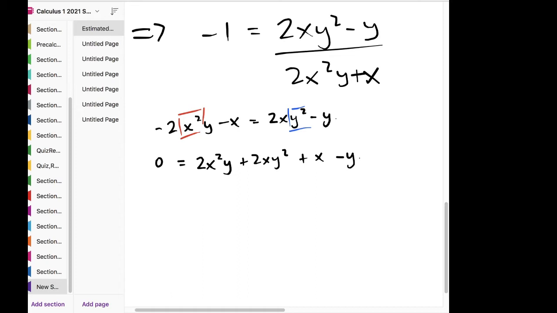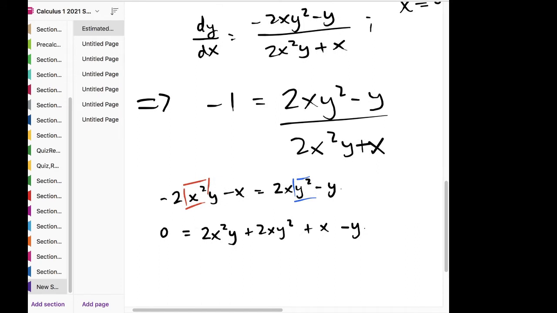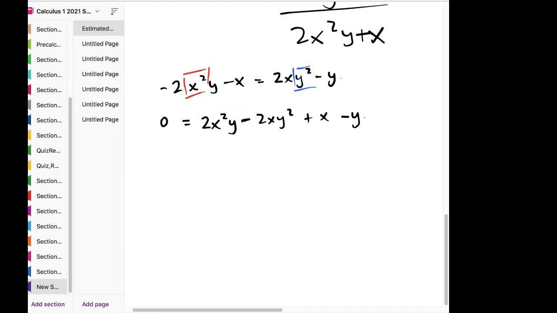Okay. Oh, the top is, this is a minus. So this is a minus. Okay, so now that we've done that, can you see a factorization? Even though there's more than one variable, things can still factor.